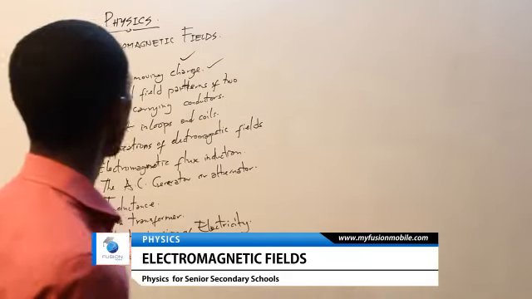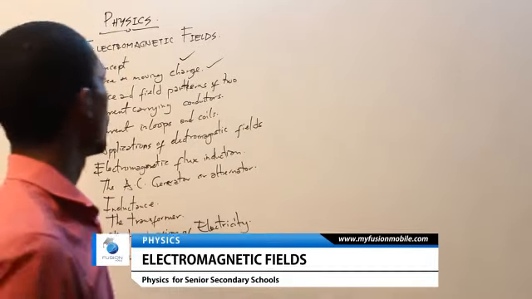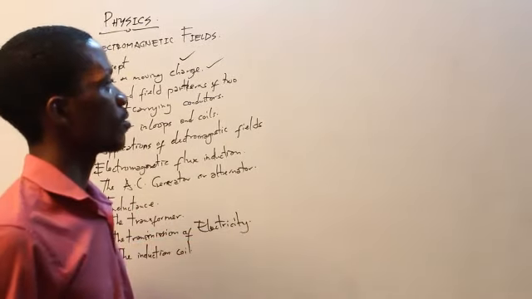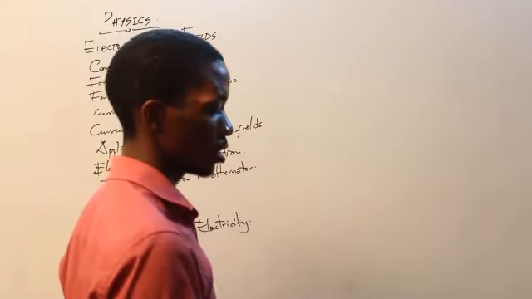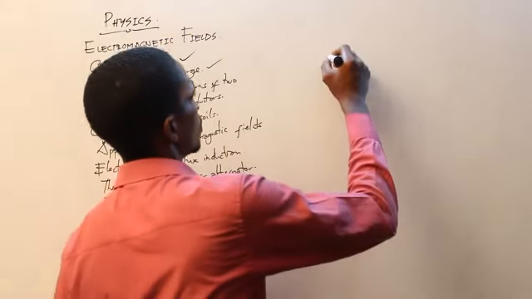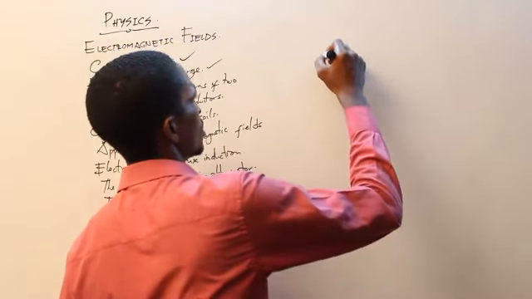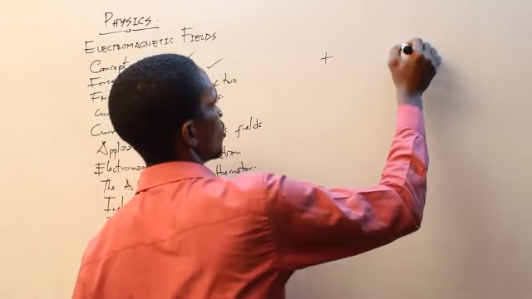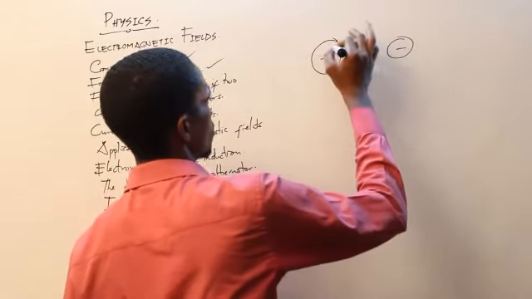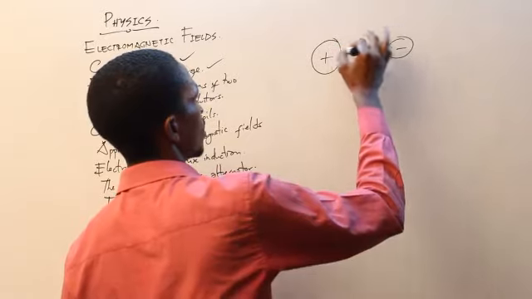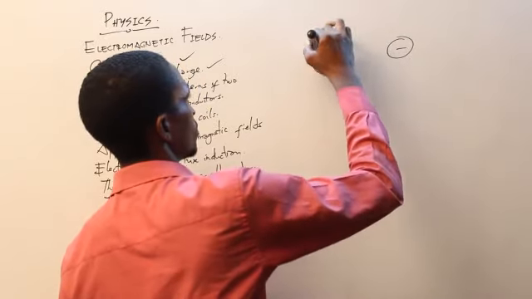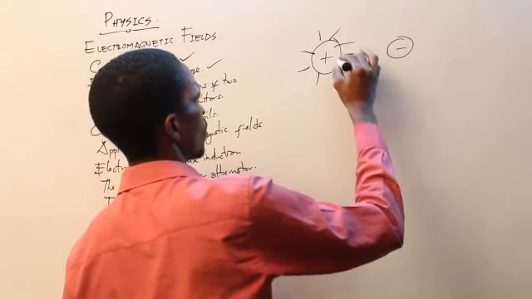Also, in the past, we drew patterns of fields and how they appear. We said, considering the magnetism, we have plus and we have minus. If it is plus and minus like this, of course, they have field lines outside all around.